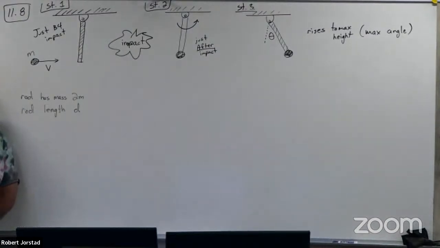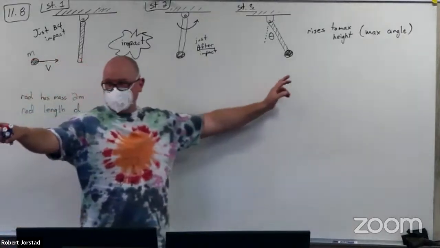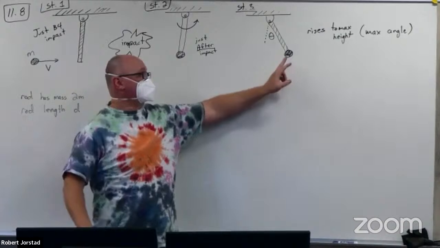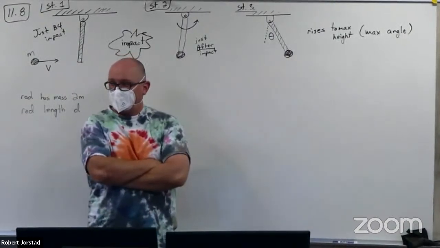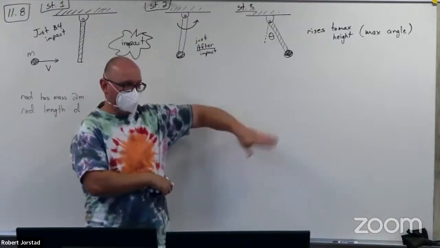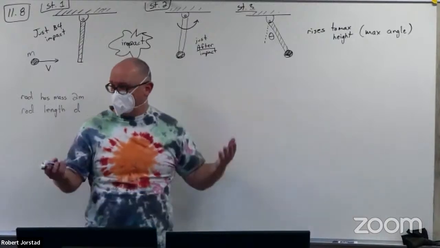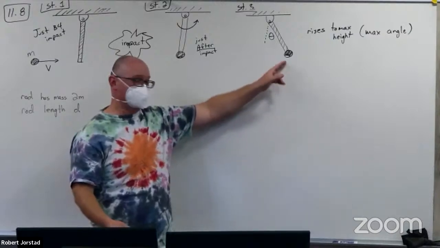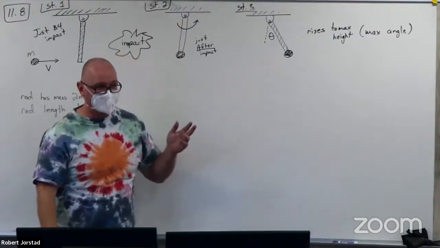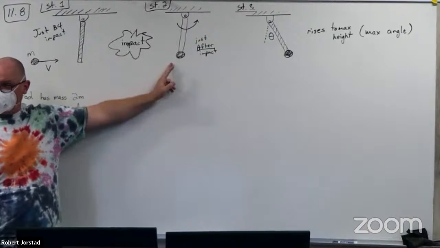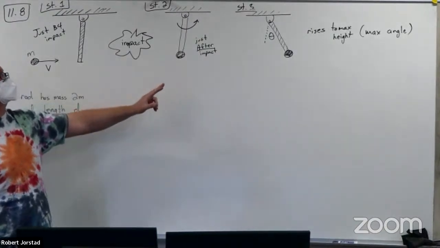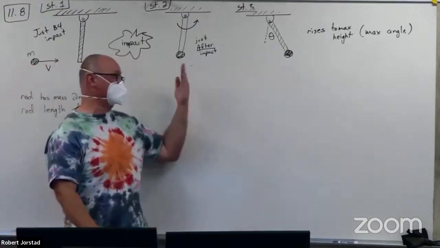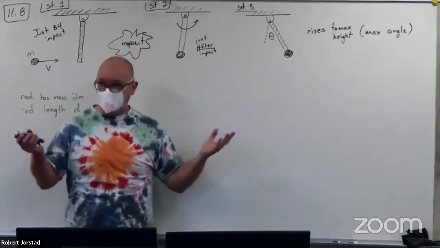What do you think? In particular, let's go with your comment. Is there angular momentum at the max angle? How fast is it rotating when it gets to the maximum? It's not. So is there angular momentum over here? Is there angular momentum right here? Yeah, it's rotating. Is angular momentum conserved between 2 and 3? Is it the same in 2 and 3? No. Absolutely not.